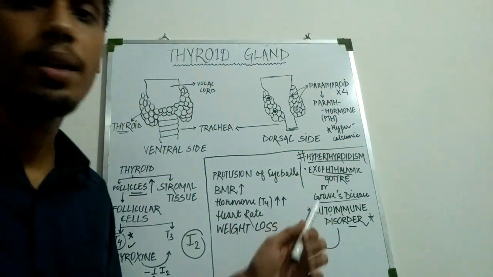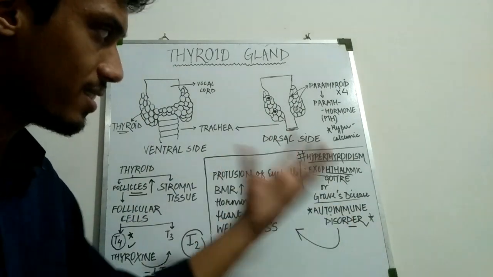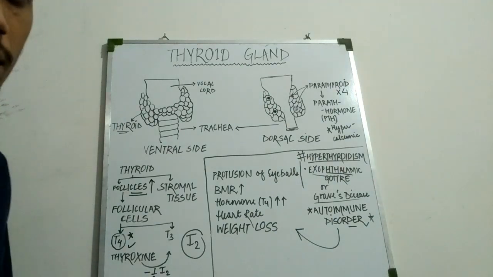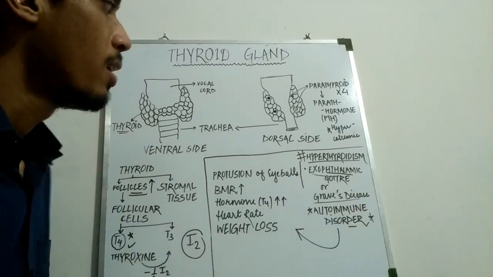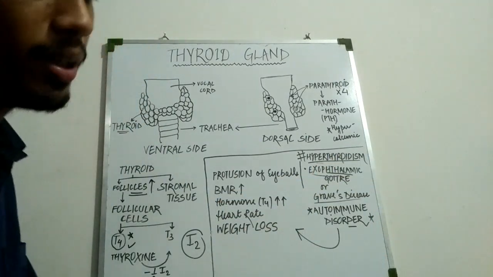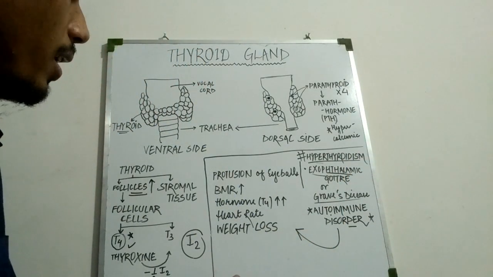So that's exophthalmic goiter, and it is an autoimmune response of the body which causes this disease, also known as Graves' disease, named after the scientist. What happens in exophthalmic goiter is obviously hyperthyroidism, which means the level of thyroxine increases.